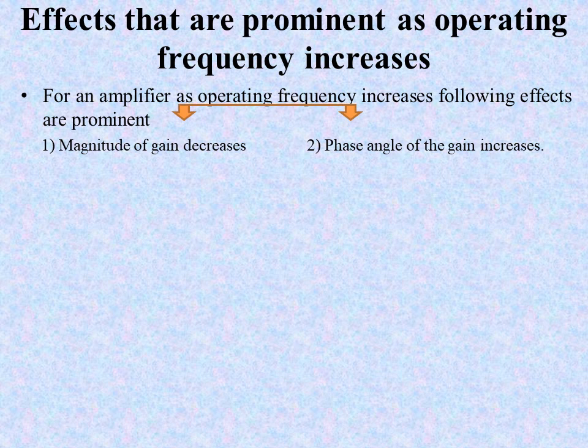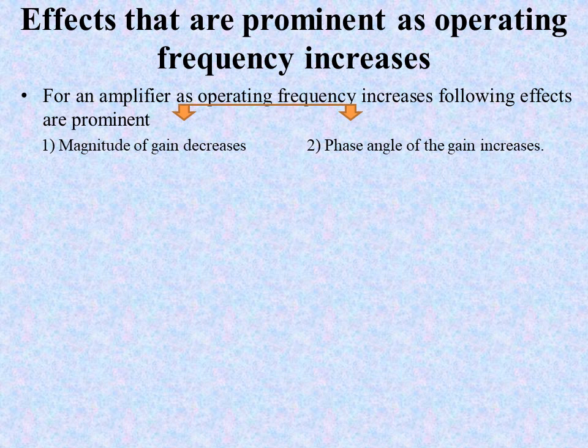Two prominent effects are observed. First, the magnitude of gain keeps on decreasing. As operating frequency increases, the magnitude of gain starts decreasing. Second, the phase angle of the gain increases. So these two are the most prominent effects that are observed as operating frequency increases.